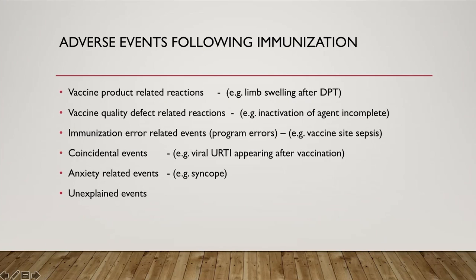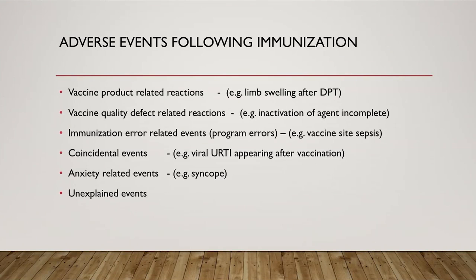Then immunization error related events, earlier known as program errors. That means whenever the vaccine is produced, transported, stored or administered, an error occurs, mainly because of inexperience of the vaccine administrator or handler, or when the administering person is careless.